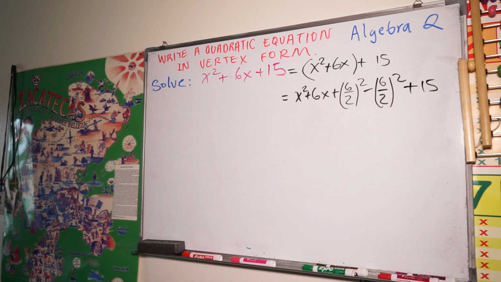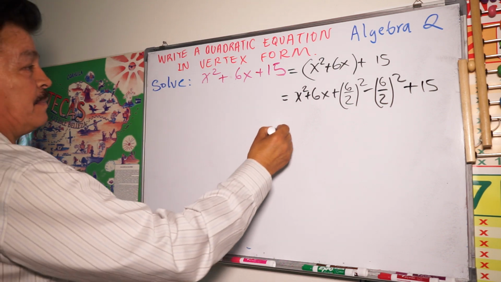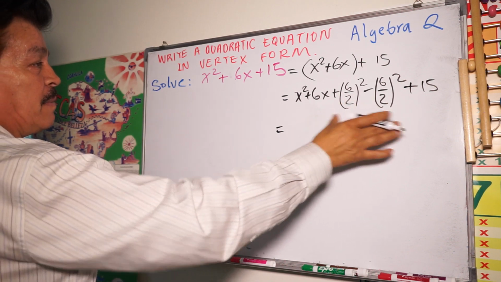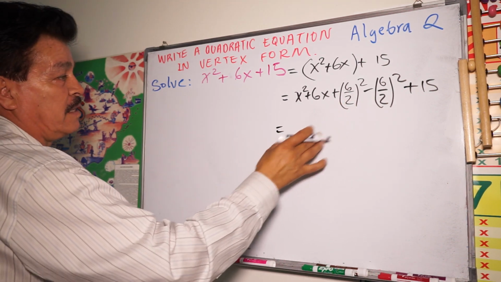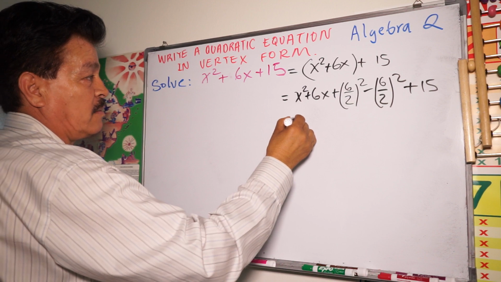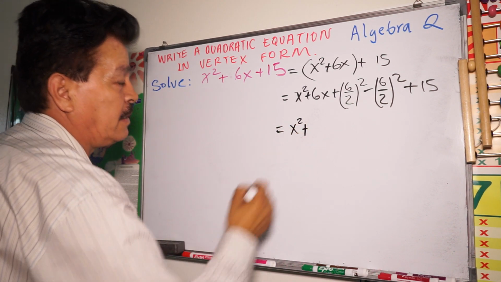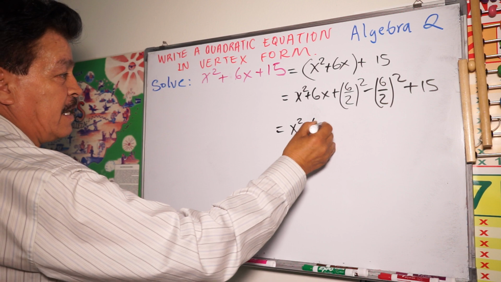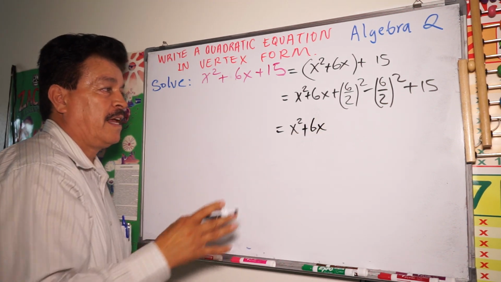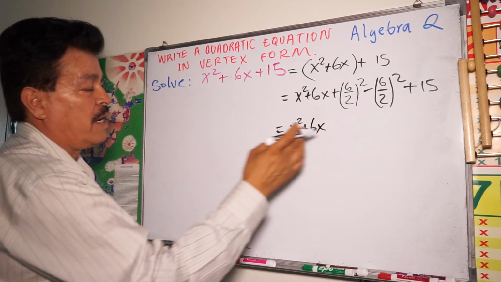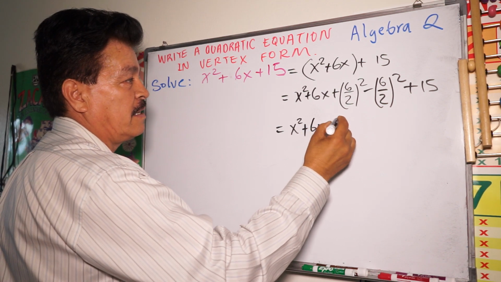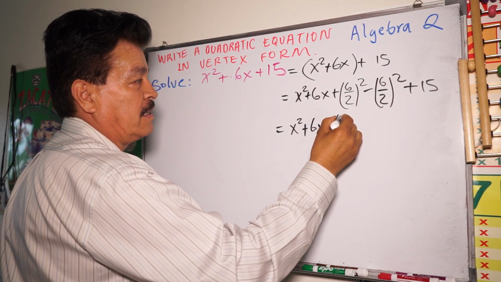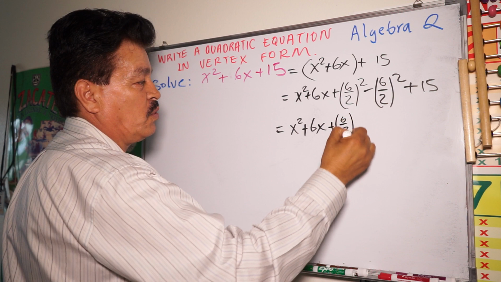Next step, we are going to write the quadratic equation this way: x squared plus 6x, and then what else? We have to add 6 divided by 2 to the second power.